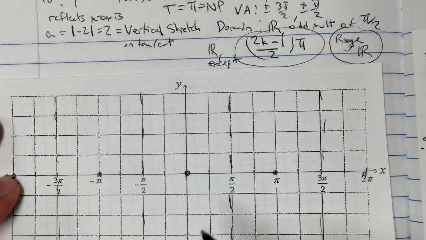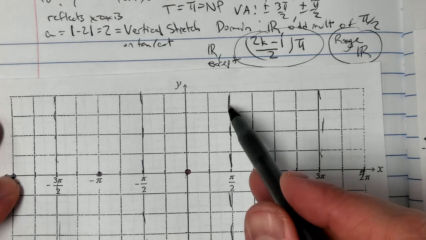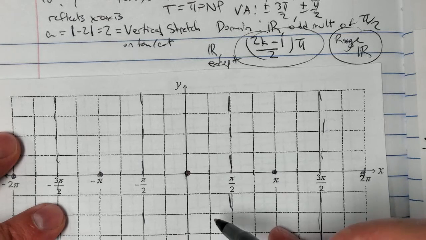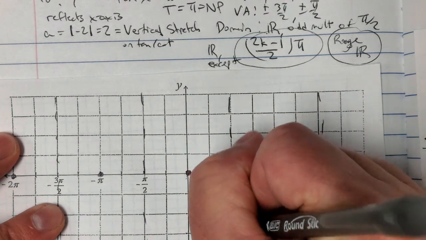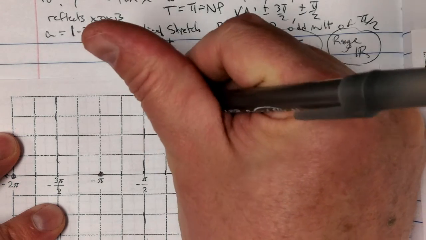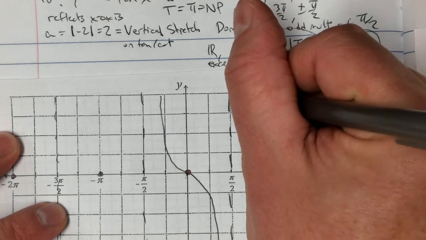Now again, the normal tangent would go up from 0 to pi halves, but this one comes down. And it's just going to do that over and over again.